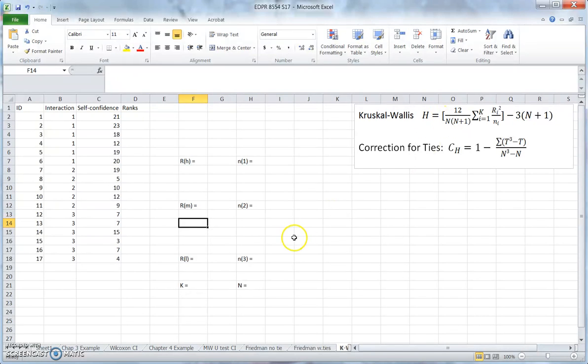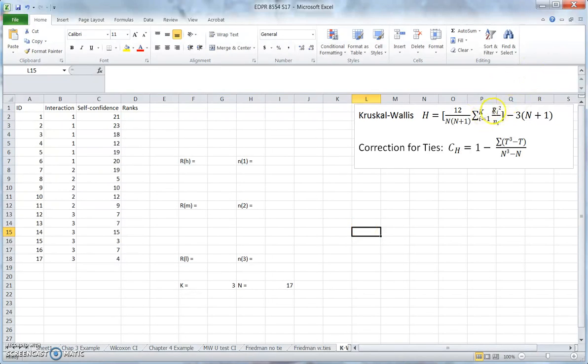The N, the big N, is the total sample size. We already know that we have 17 participants, so N equals 17. The K here is number of groups we have, and we have the high, medium, and low social participant, so that is K equals 3.